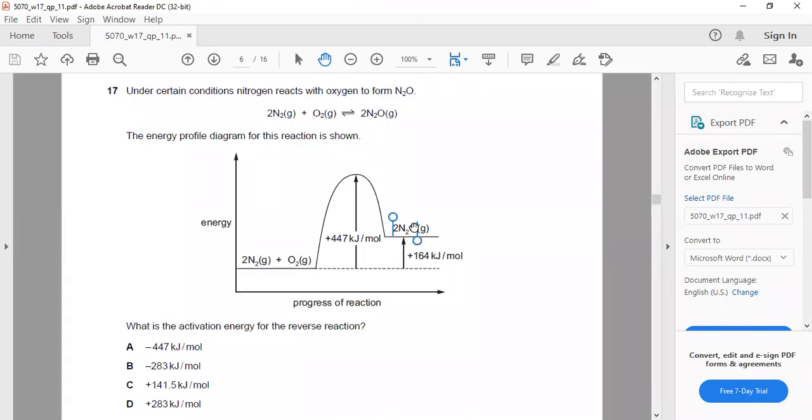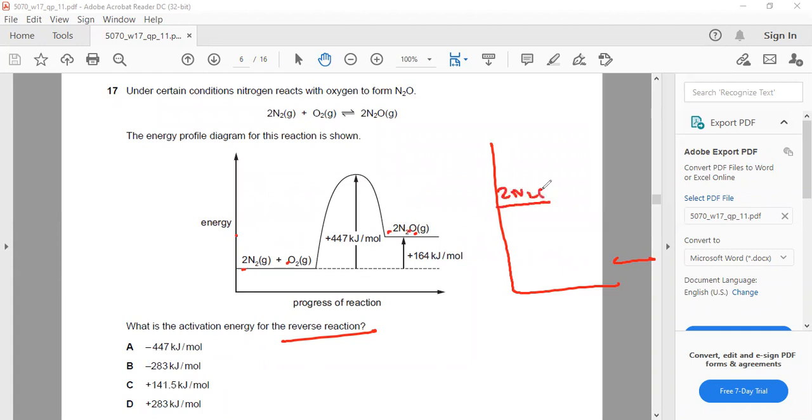17. Whenever the examiner asks about the reverse reaction, think like this: reactant will become product. Right hand side will go to the left hand side, and left hand side will become the right hand side.